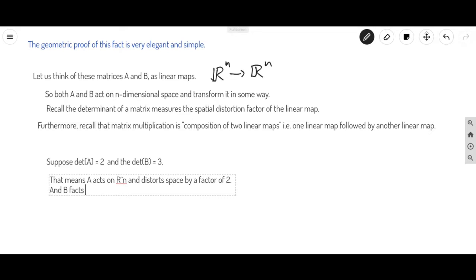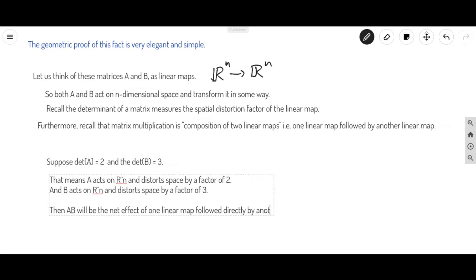And B acts on Rn and distorts space by a factor of 3. Then AB, this is matrix multiplication, the product of the two matrices, will be the net effect of one linear map followed directly by another linear map.